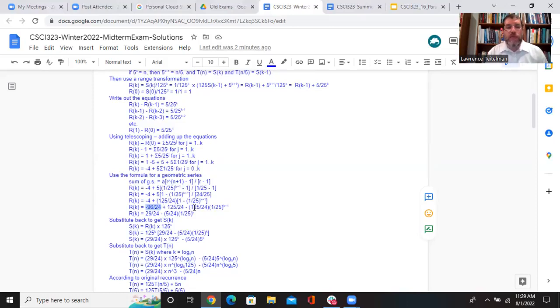And then I multiply through the 125/24 times this. Okay, so then I subtract these. 125 minus 96 is 29. And over here, I divide one of the 25s through, so I get 5/24 over 1/25 to the k.